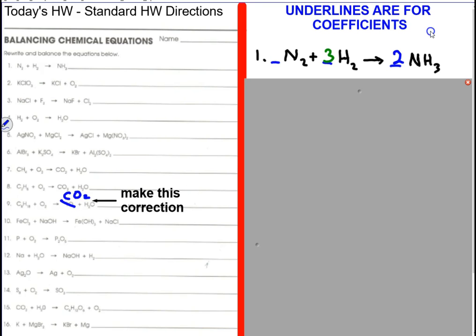How many hydrogens? 3 times 2 to get 6. Okay. And so on this side we have 6 hydrogens. It's not 3, it's 3 times 2. Okay. Now everything's balanced. Now you can put this in.